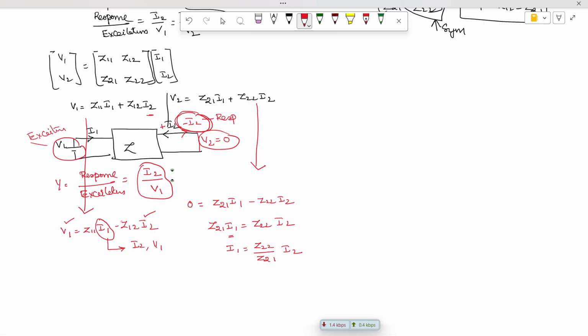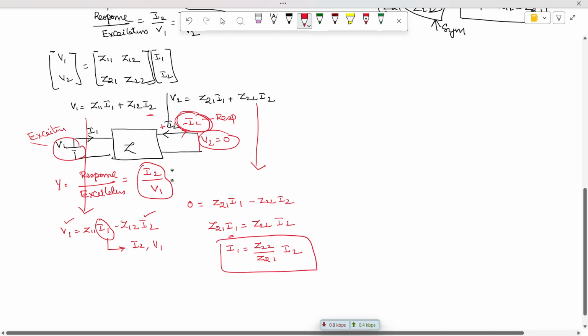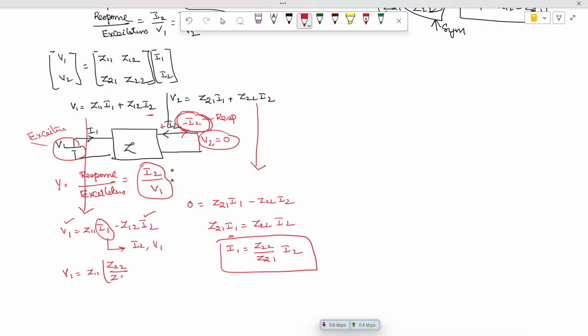Now substitute this expression. You see, I1 is now in terms of I2, so the problem is solved. We can write V1 is equal to Z11 times the value of I1, which is Z22 divided by Z21 into I2, minus Z12 I2.